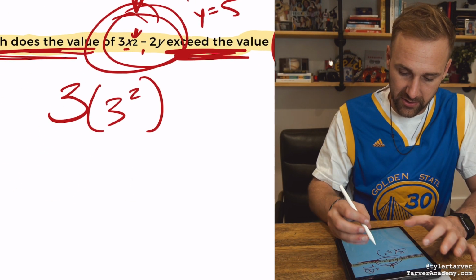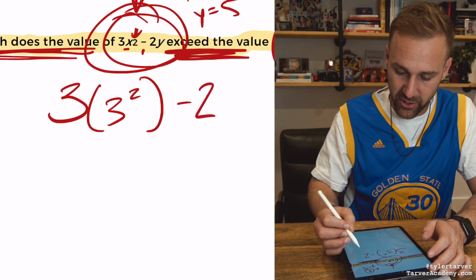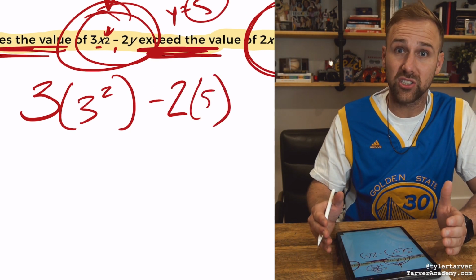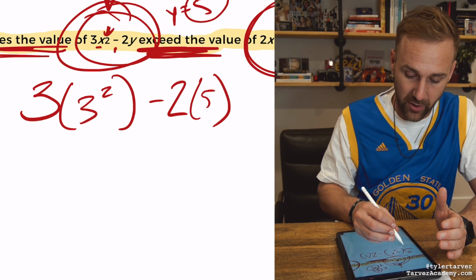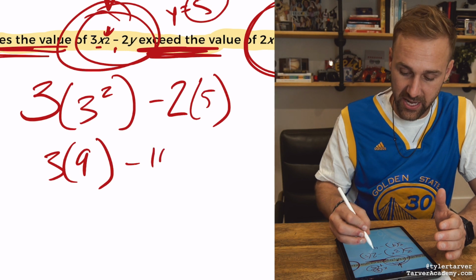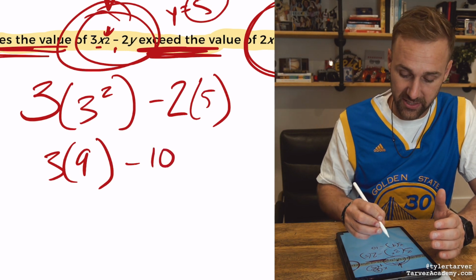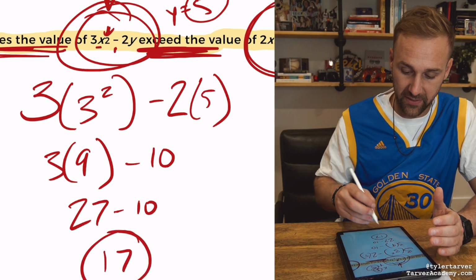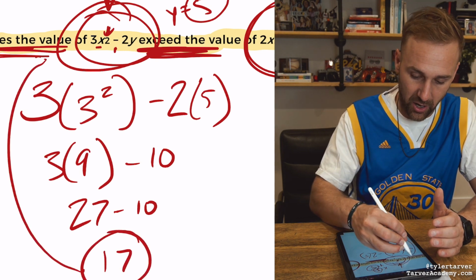Now I'm going to solve it. 3 squared is 9, minus 2 times 5 is 10. 3 times 9 is 27, minus 10, is 17. That is the answer to this problem.